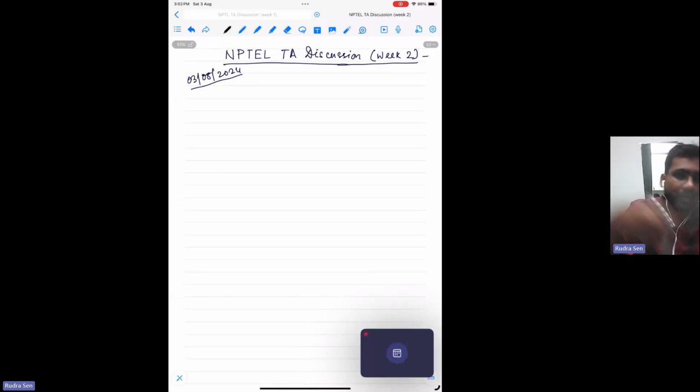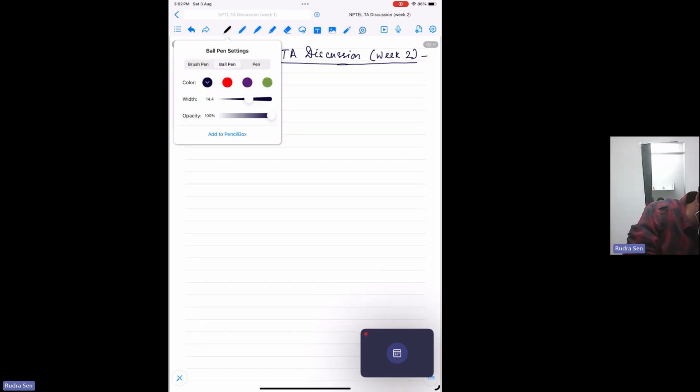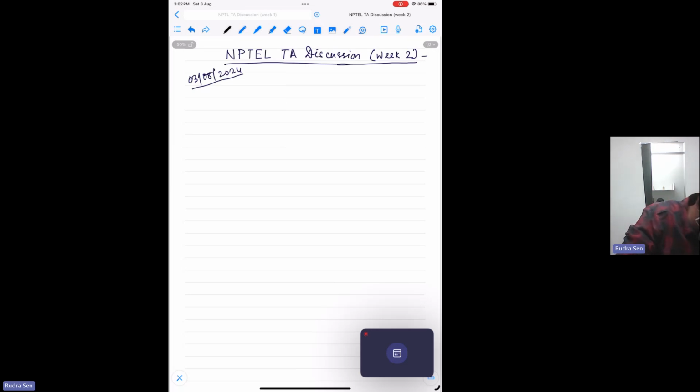In today's discussion, first I'm going to discuss the diagonal canonical form. Then I will explain it with some examples, and then we'll move to the Jordan canonical form.